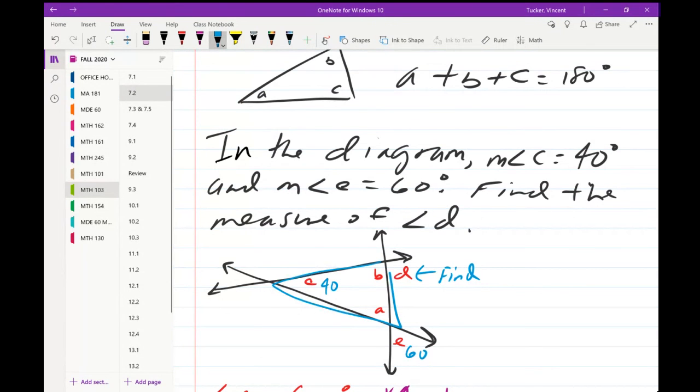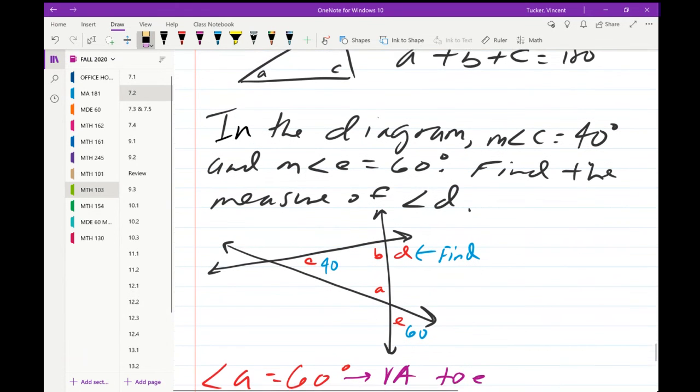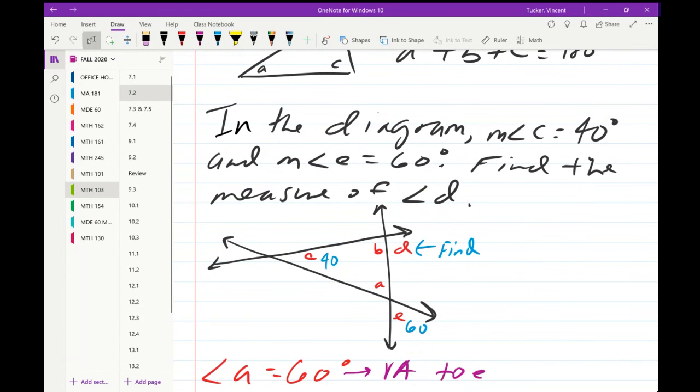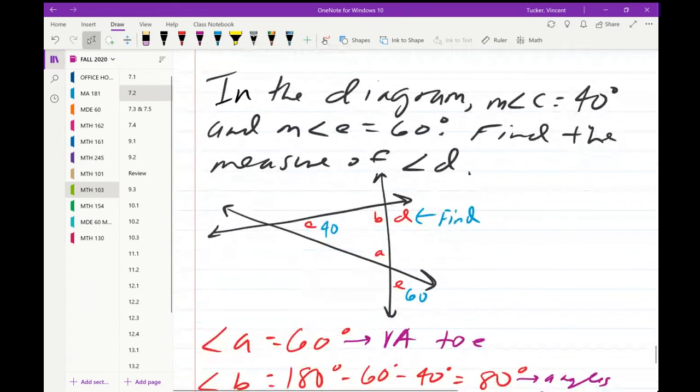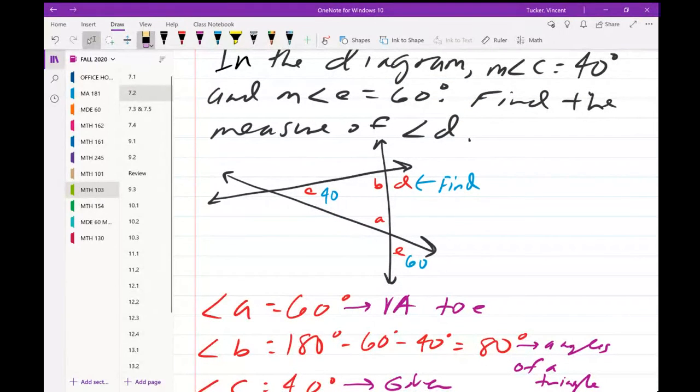See, we have a triangle right here. So let's look at what's given. Let me erase some stuff.